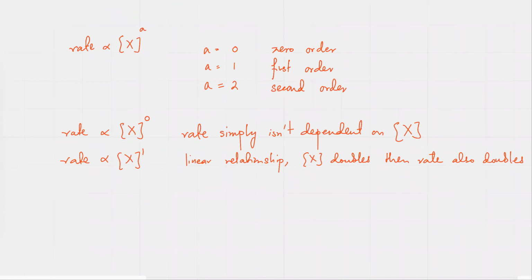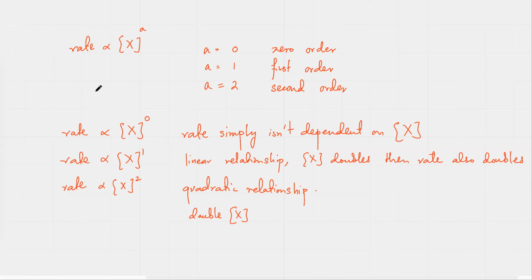And then there's order 2. An order 2 relationship is that the rate is very sensitive to the concentration of X. It's squared. So that's a quadratic relationship. So what that means is you double the concentration of X. Like if instead of having X, you make it 2X, remember it's being squared.